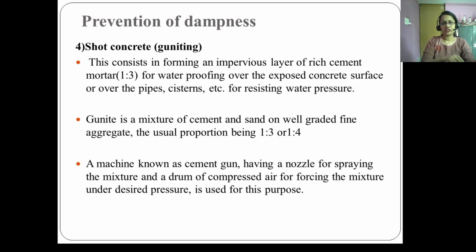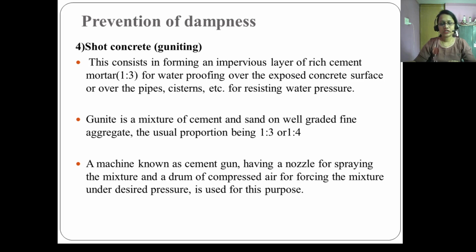Then we have gunniting, also called shotcreting. This consists of depositing under pressure an impervious layer of rich cement mortar over the exposed surfaces for waterproofing, for example over pipes for resisting water pressure. The cement mortar, a 1:3 cement sand mix, is shot on the cleaned surface with the help of a cement gun under pressure.